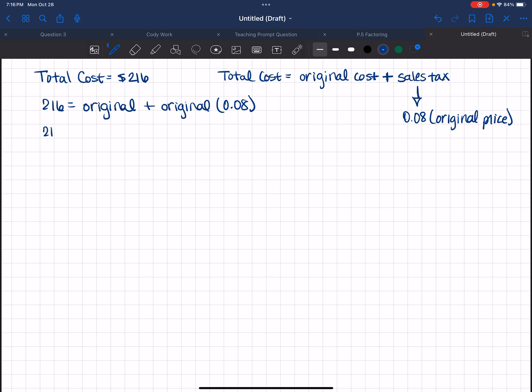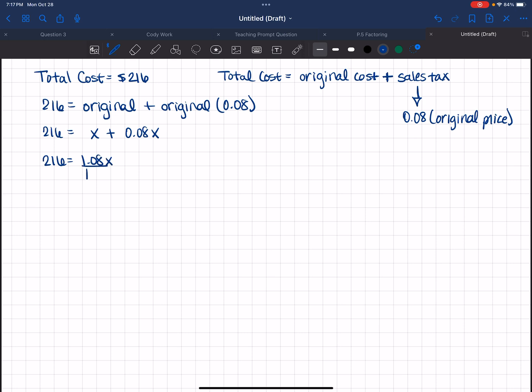So that means 216 equals the original, and I called it X. They're using X in a different format. X, the whole original amount, plus 0.08 times X. Well, if you'll remember, a long time ago, we're combining like terms. That's a 1 there. So this is 216 equals 1.08 X.